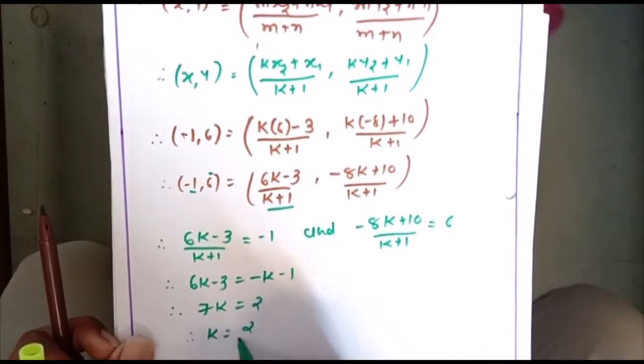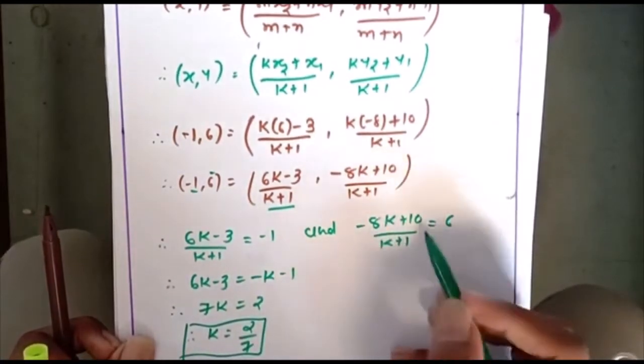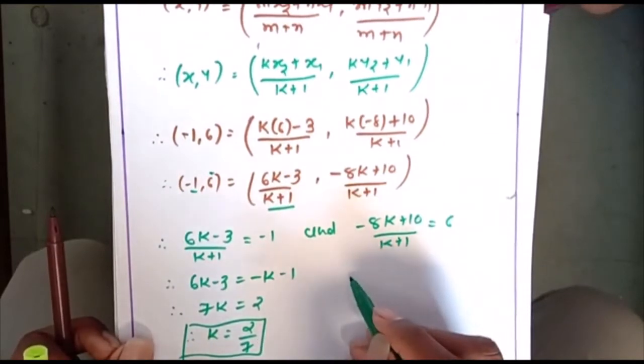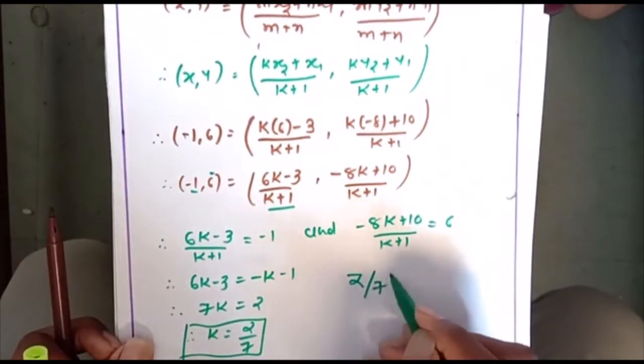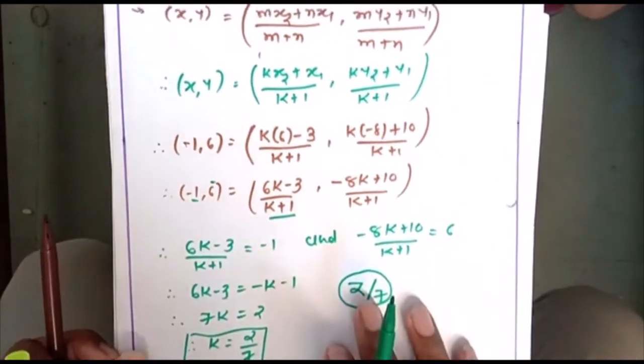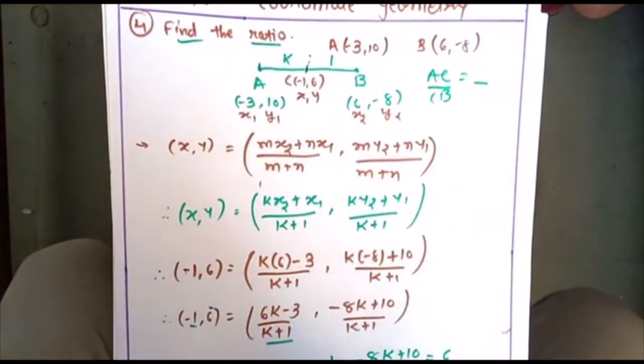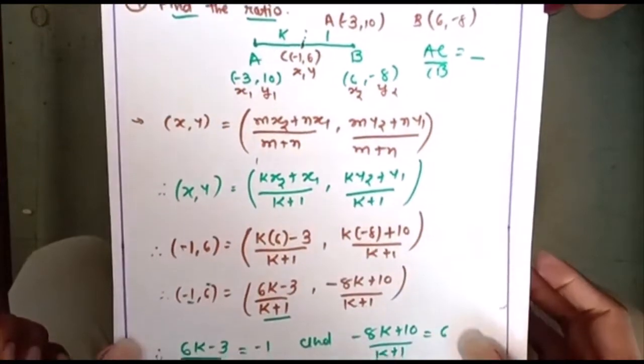So we get 2 by 7. If you simplify this, you get k is equal to 2 by 7. Now 2 by 7 means what? It is the ratio which you need in this example. So pause the video and note it down.